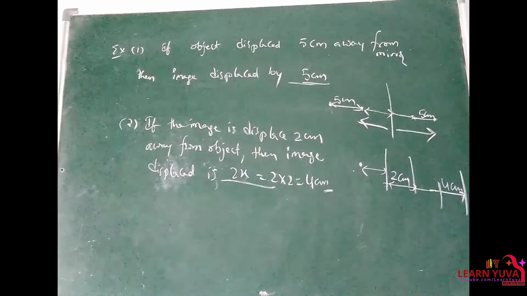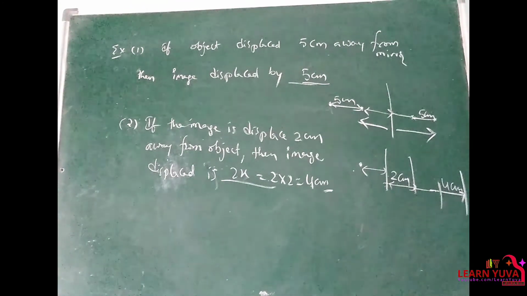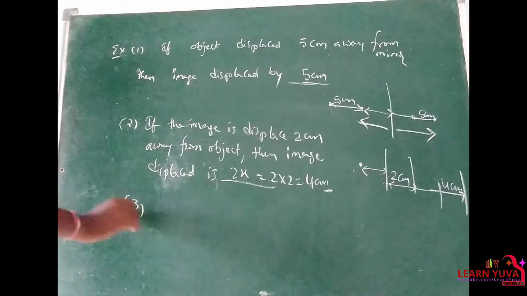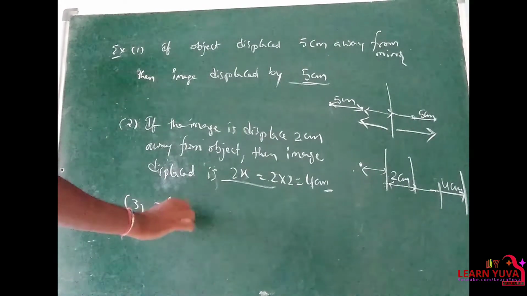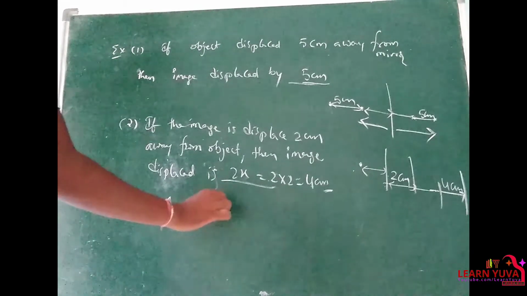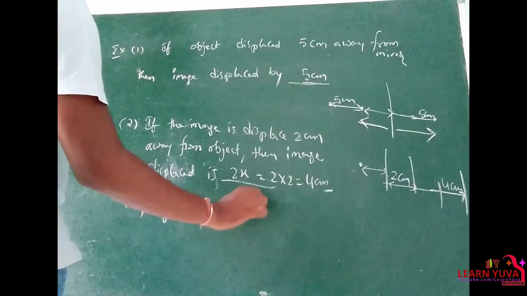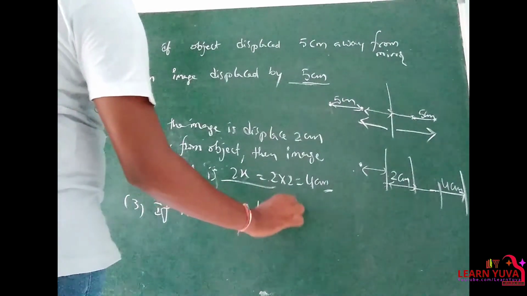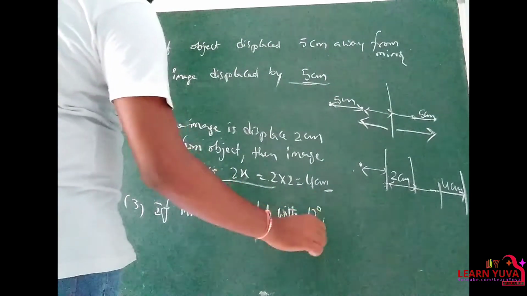Clear? And the effect of rotation. The mirror is rotated with 12 degrees.